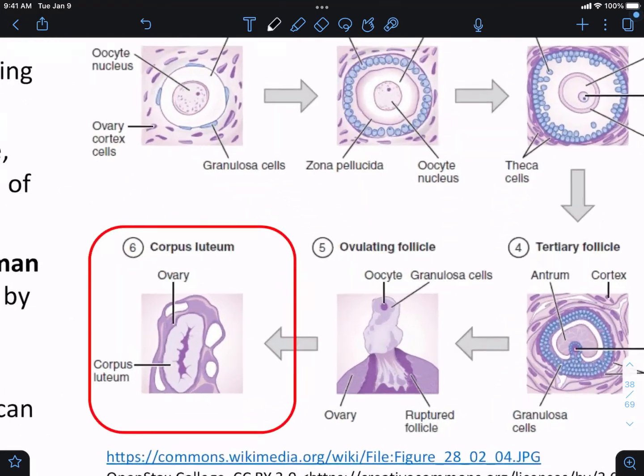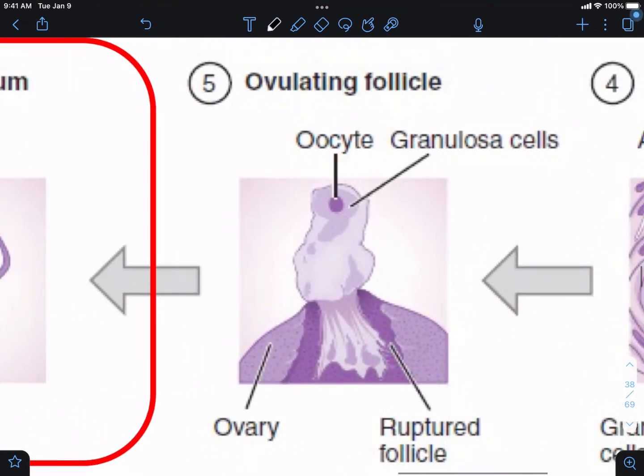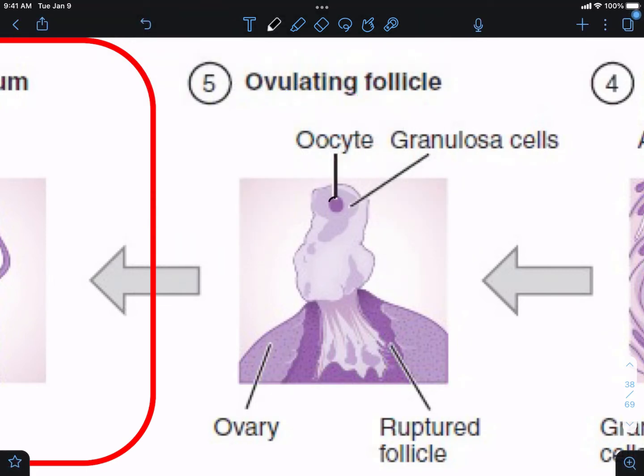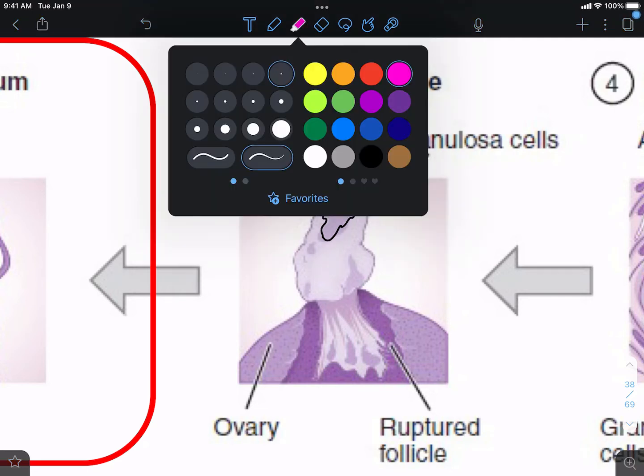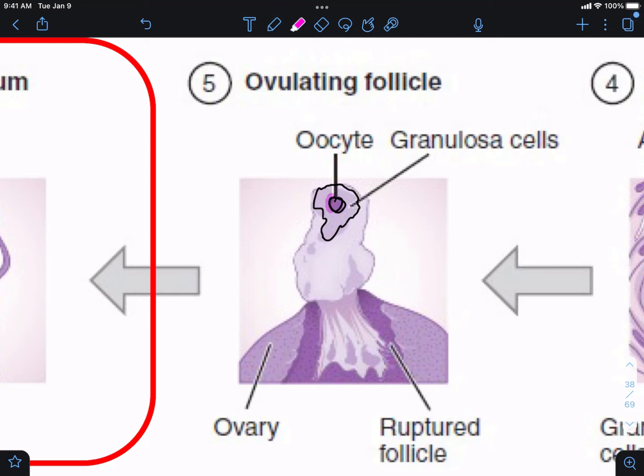Now, if we zoom in on this, I want to explain what we've got left over. All right, so I'm going to zoom in here, and we're going to look at my little oocyte, which is right here. And this is the leftover follicle cells that come with it. The zona pellucida, we can't really see it here, but I'll sketch it in. It's going to surround that oocyte.